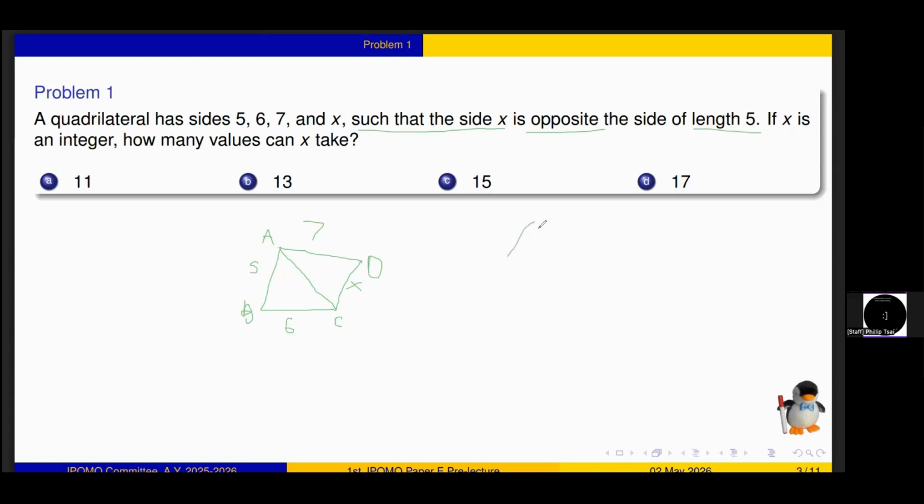Actually, I forgot to mention the triangle inequality: for a triangle DEF with side lengths A, B, and C, A plus B is greater than C. For a non-degenerate triangle it's just A plus B greater than C, B plus C greater than A, and A plus C greater than B.